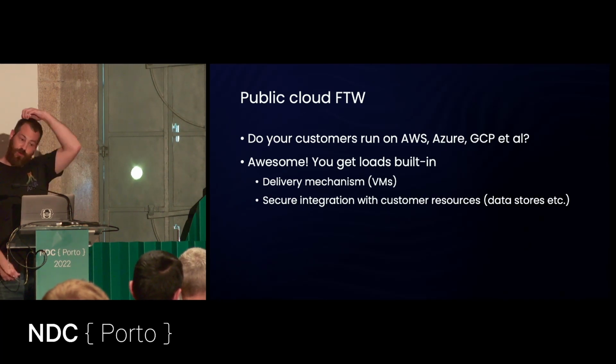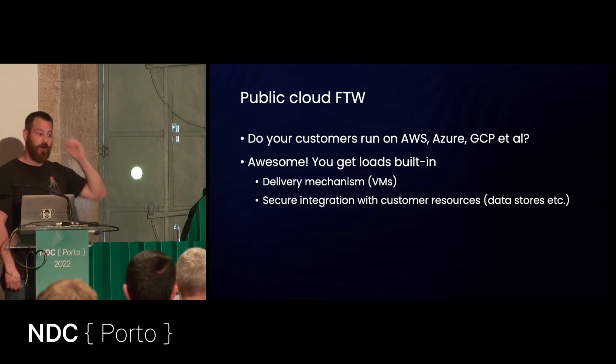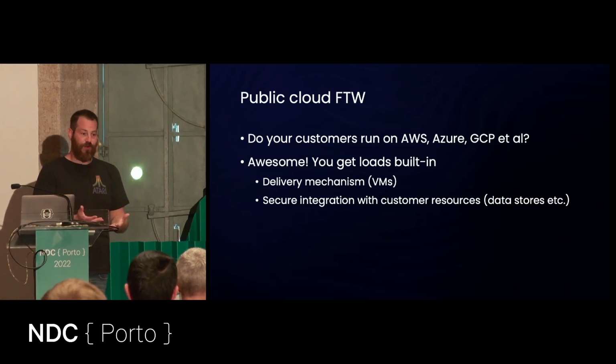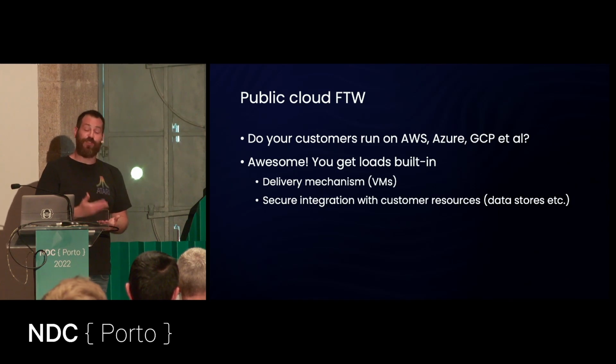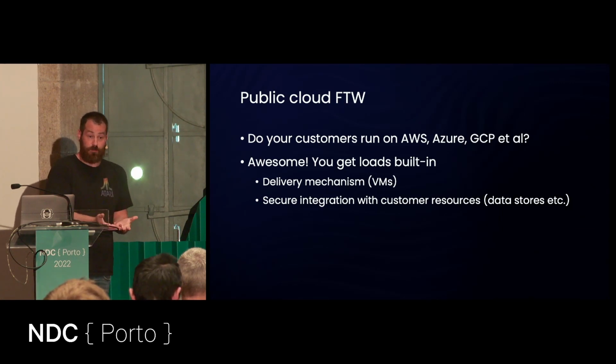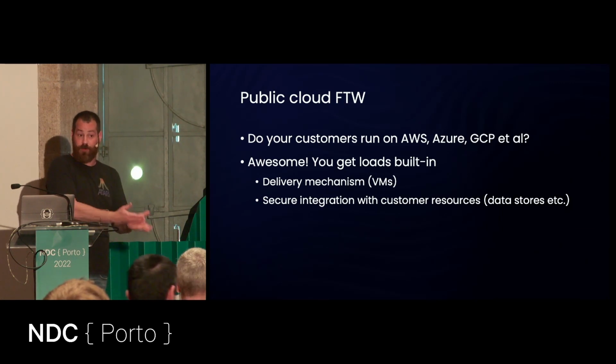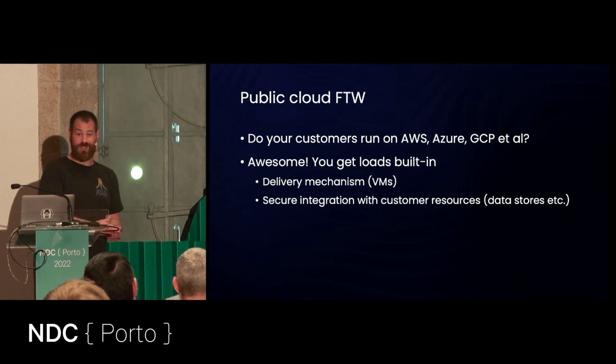You don't have to work very hard to provide a secure path for your customers to provide you with access to their data, because it's already built into the platform that they are running on. That makes it a much easier sell.